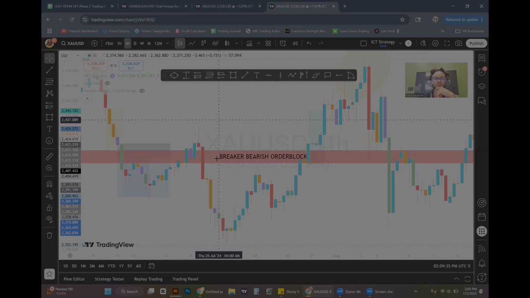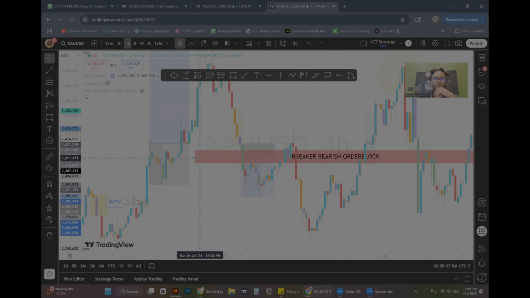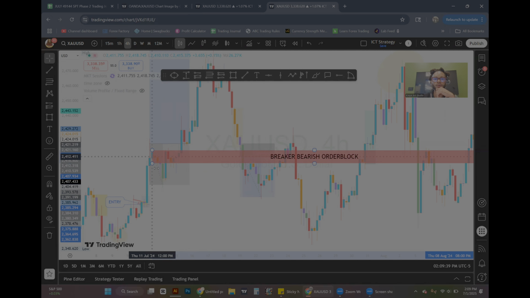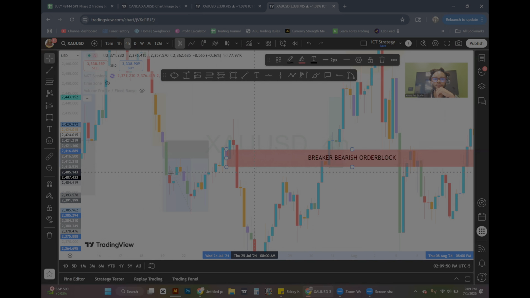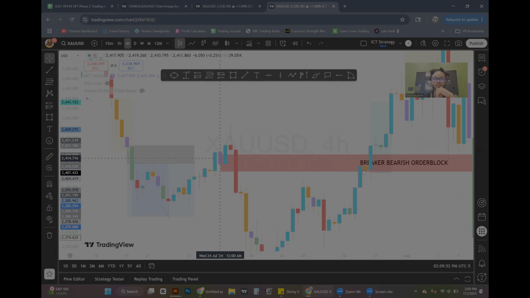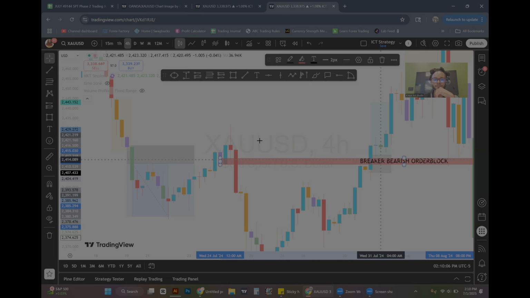Now let me go back to the 4-hour chart and show you the bearish order block and why we identified this as a bearish order block. We called this a bearish order block because price made 2 touches here and went to the downside. It wasn't perfect and we didn't make a perfect entry, but we knew once price broke this area here, it was going to go on the upside.